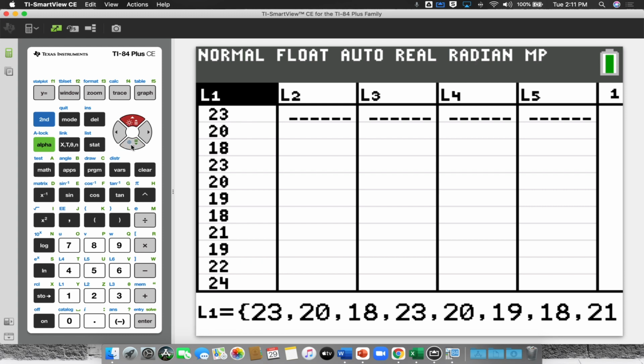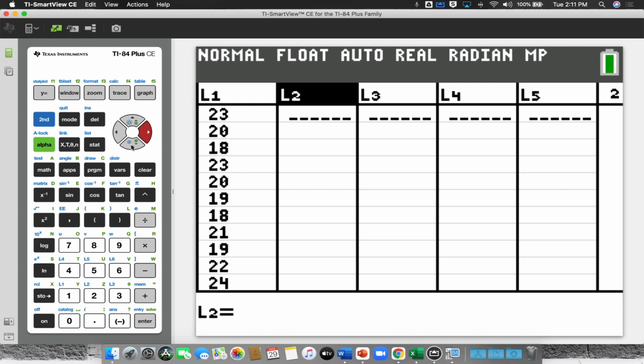Okay. So there's a fast way of doing that. You can do it the same way, but there's also a faster way of doing it. Say enter all of these values here. I want you to go 256 divided by 12.